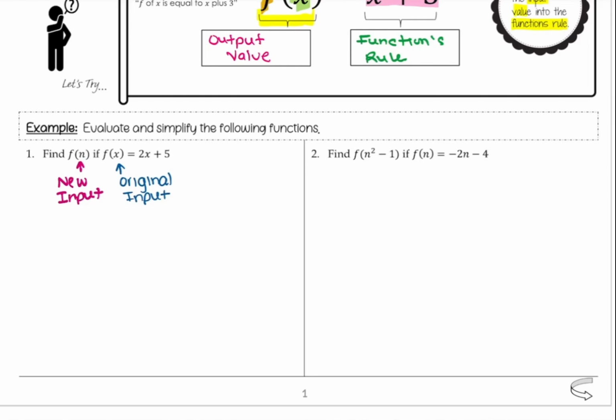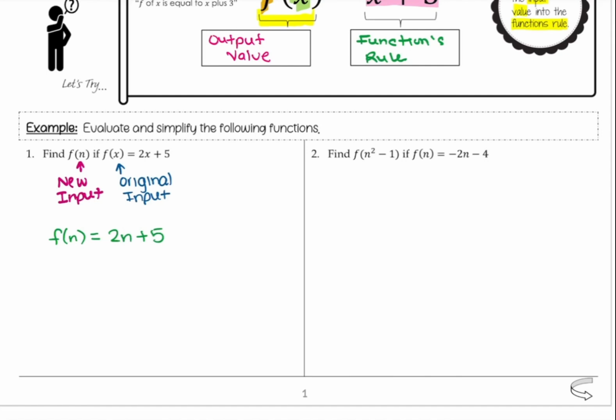So what we are going to do is take this updated input, our new input, wherever we had the original input of x. And to do that, we are going to take our function f, input the new input n wherever we saw an x. If possible, you are going to need to do some sort of operations, but in this case, I am done.